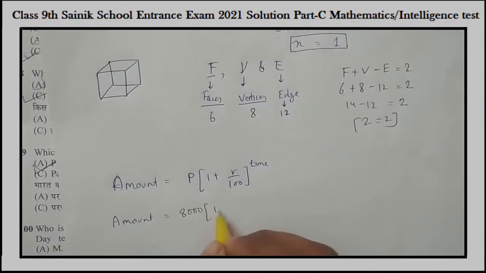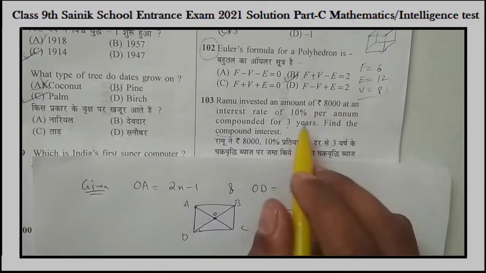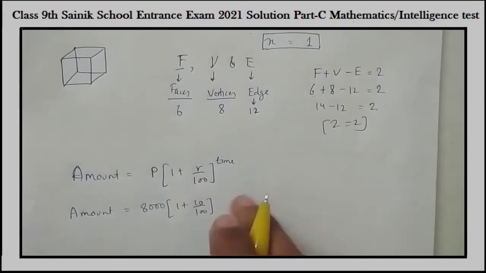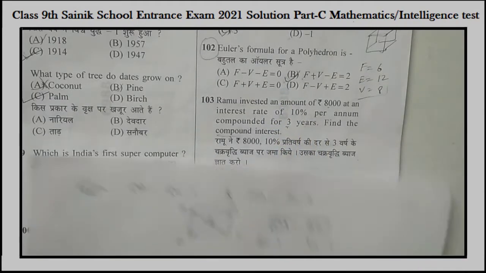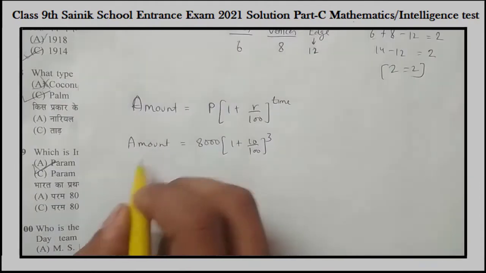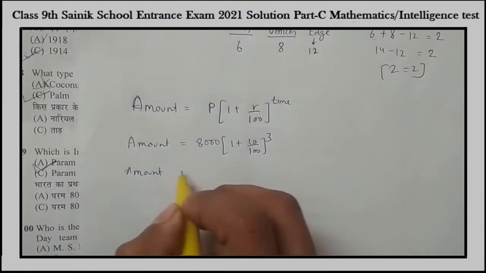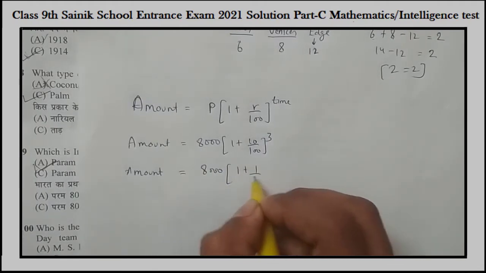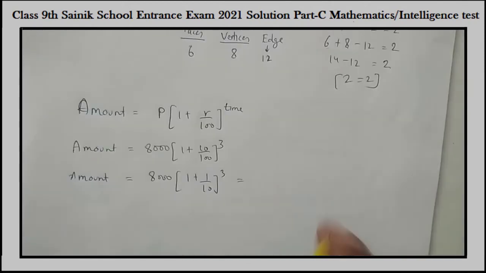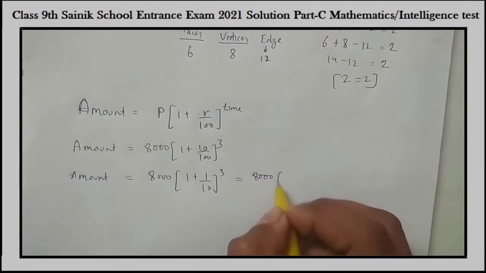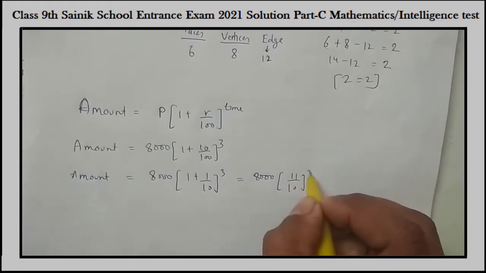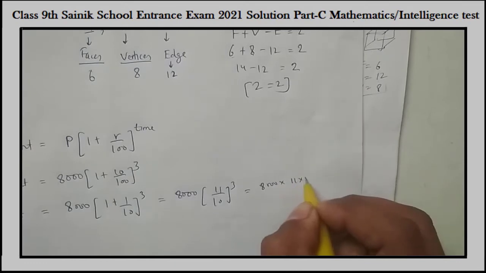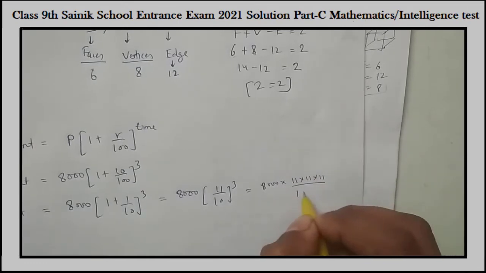8,000 times 1 plus, what is the rate? Rate is 10%. Okay, so 10 divided by 100 raised to the power, what is the time period? Time period is 3 years. Amount is equal to 8,000 times (1 plus 1 upon 10) raised to the power 3, is equal to 8,000 times (11 upon 10) raised to the power 3, is equal to 8,000 multiplied by 11 times 11 times 11 divided by 1000.